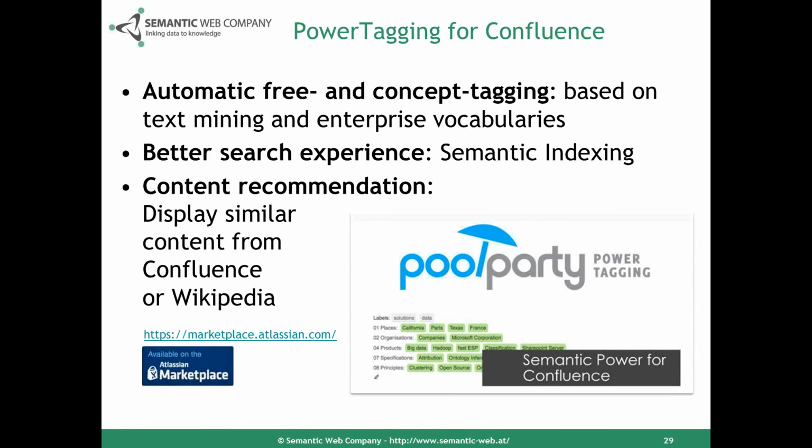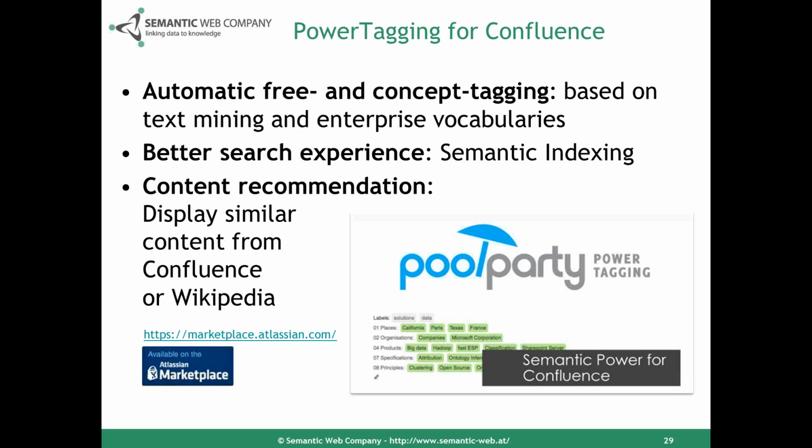Then the same principle was provided last June on the Atlassian Marketplace for the enterprise wiki called Confluence. That's one of the most often used enterprise collaboration platforms. So Confluence now has a plugin called PoolParty Power Tagging. You can do automatic free and concept tagging here once again. Then all the synonyms will be collected and indexed together with your content.